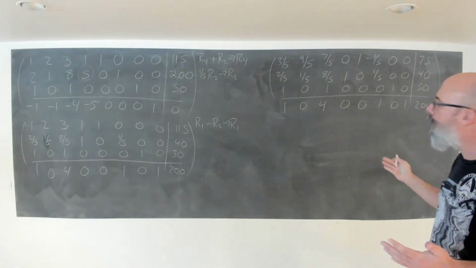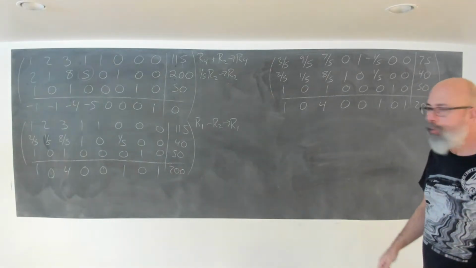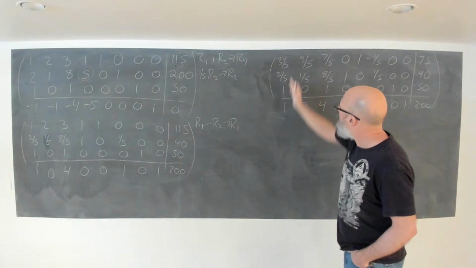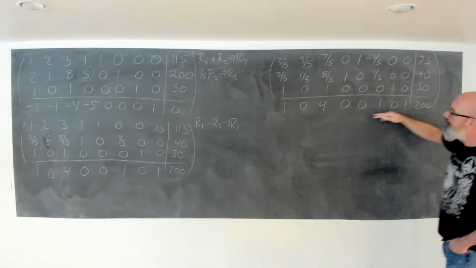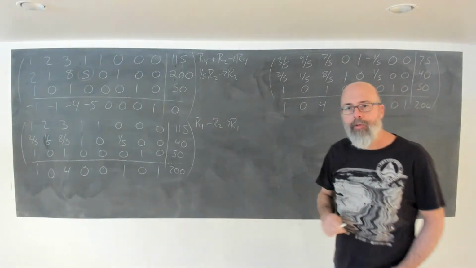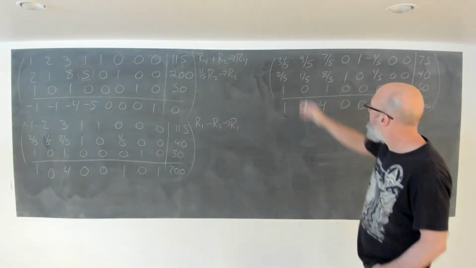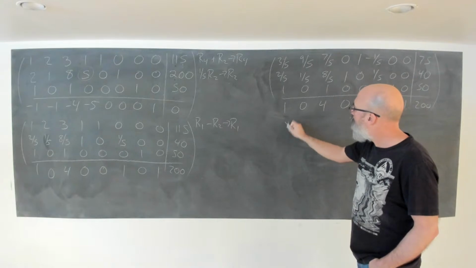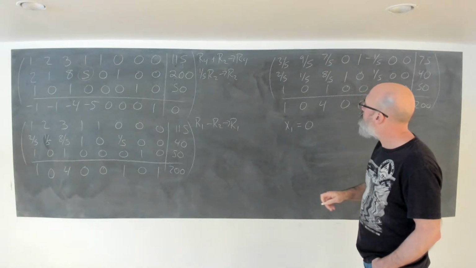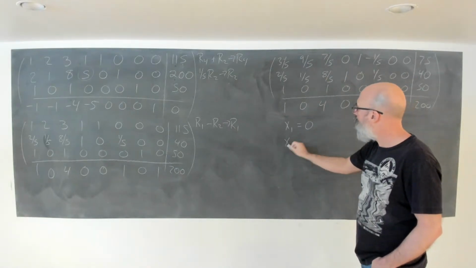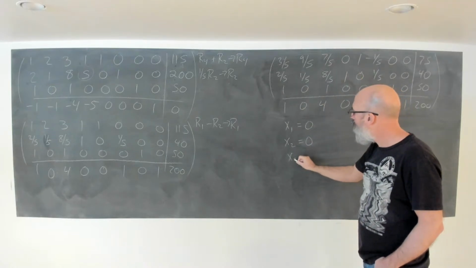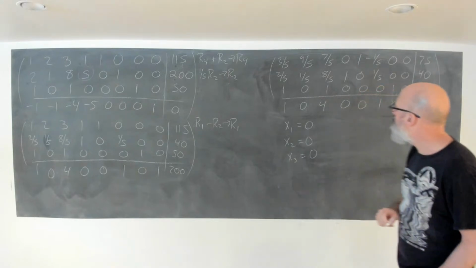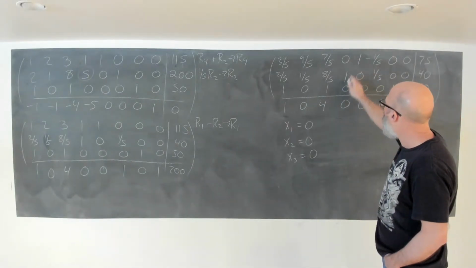Final simplex tableau, we're able to read off the solution. X1, right? Final simplex tableau, because again, no negatives in the last row. We're done. X1 does not have a leading 1. X1 is 0. X2 does not have a leading 1. X2 is 0. X3 does not have a leading 1. X3 is 0. X4 has a leading 1.